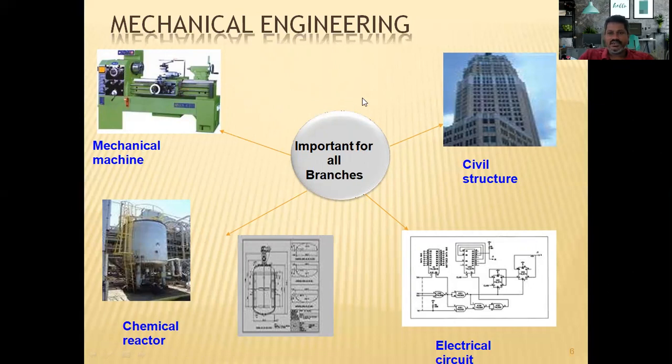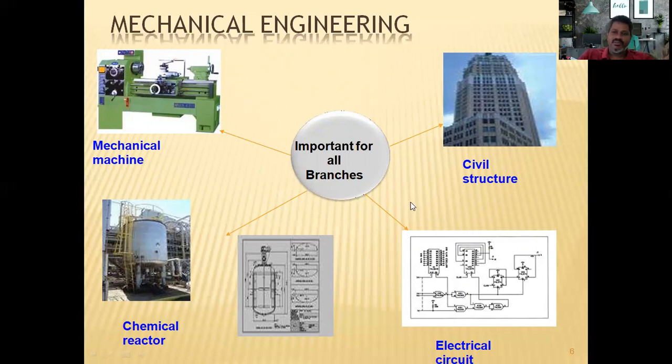So basically all these are engineering drawing. But when we are drawing the mechanical components, that is called the mechanical drawing. When we are drawing the civil structures, that is called the civil drawing. When we draw the electrical circuits, that is called the electrical drawing. So like this, we have some specific application. So everywhere drawing is having application.